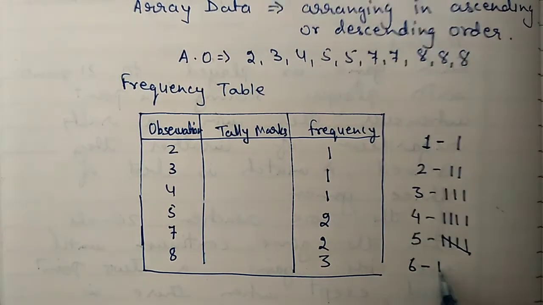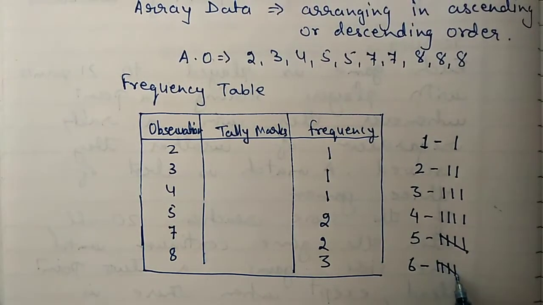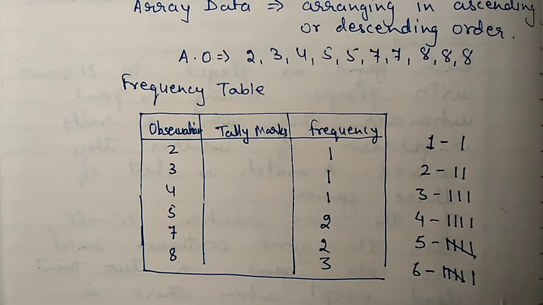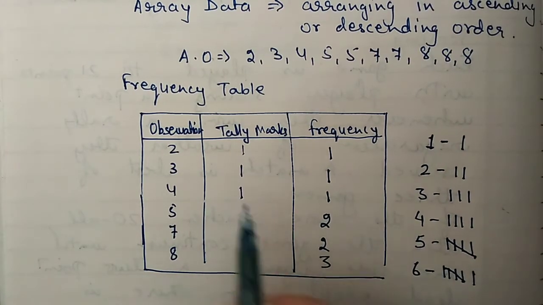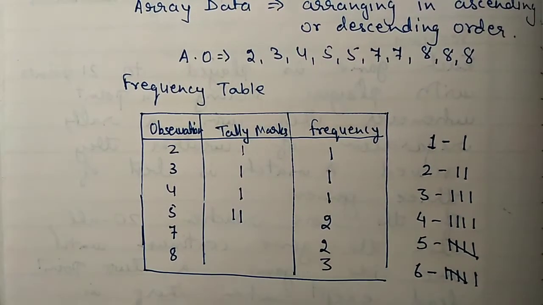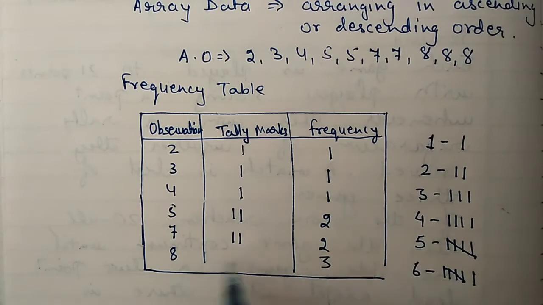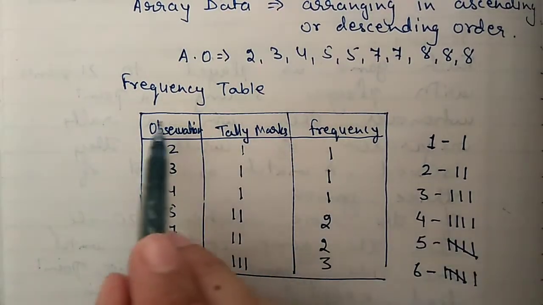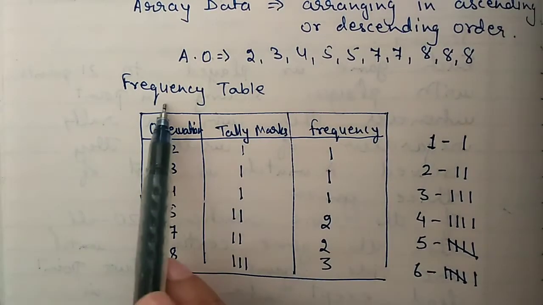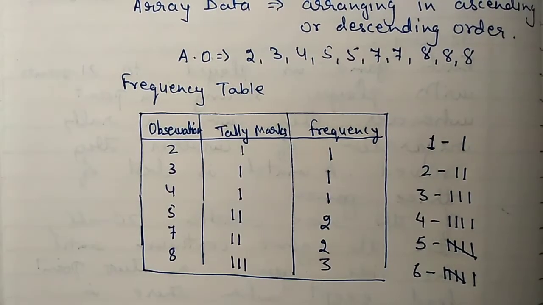Then 6 means after 5, this is 5 and 1, 6. Like this we can represent by tally marks. So 2 is 1 time, 3 is 1 time, 4 is 1 time, 5 is 2 times, 7 is 2 times and 8 is 3 times. This representation is tabular representation. We will call it a frequency table.